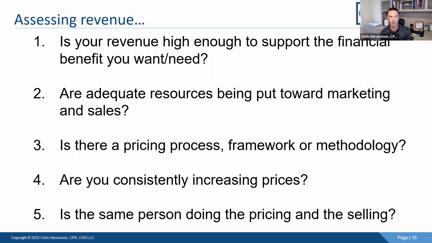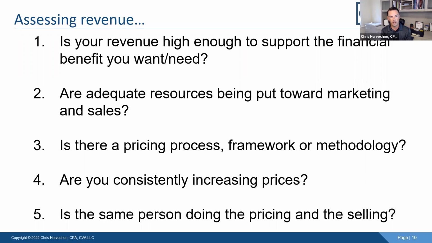The other thing that we hear is, well, you're not going to see that necessarily in the P&L because the owner is devoting their time to marketing and sales, or somebody in the agency is devoting their time to marketing and sales. And if that person isn't a specific marketing or sales person, maybe that person has client relationship management type responsibilities. Maybe that person is responsible for delivery of some sort.